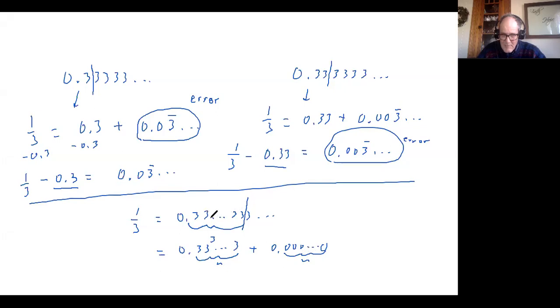If there's n threes right here, there's n zeros, with the 3 repeating.